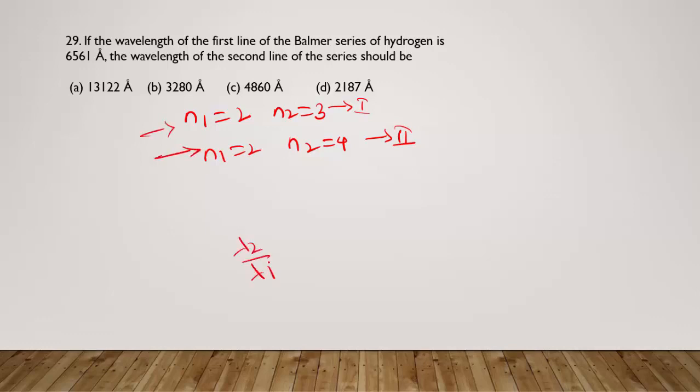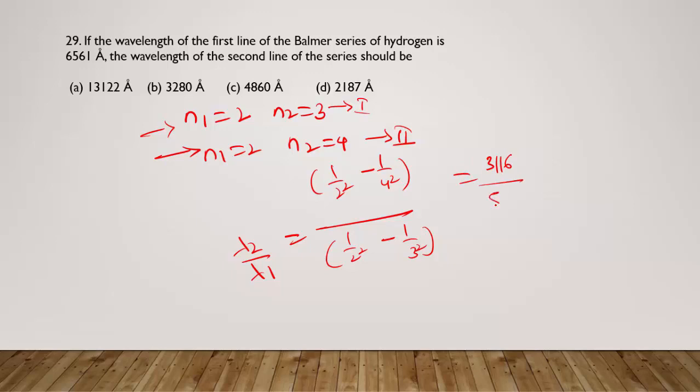Now the ratio of the wavelength lambda 2 divided by lambda 1 is equal to (1/2² − 1/3²) divided by (1/2² − 1/4²). We get the answer 5/36 divided by 3/16, or 5 into 16 divided by 3 into 36. Finally, when you calculate, you get the answer 20/27.